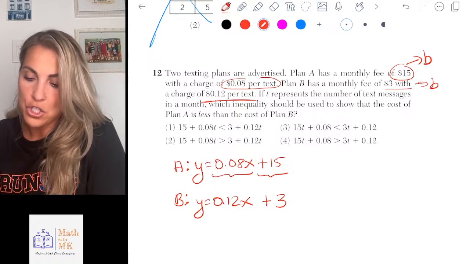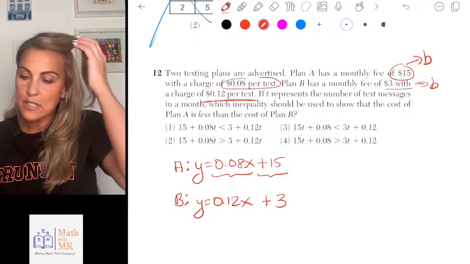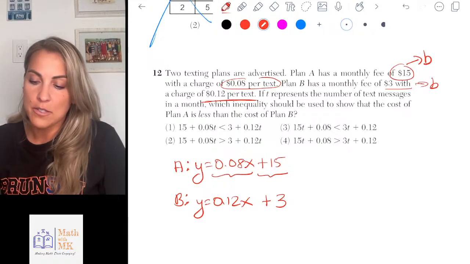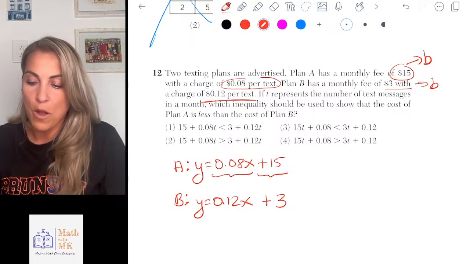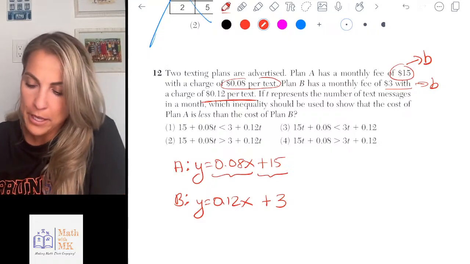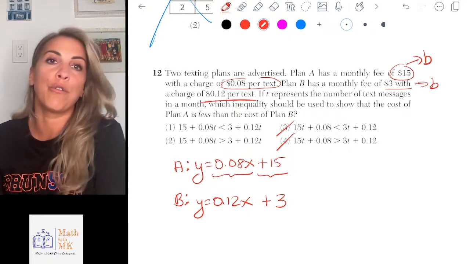Which inequality should be used to show that the cost of plan A is less than the cost of plan B? So first of all, let's make sure we have the right inequality symbol here, right? So the expression 15 plus 0.08x, they want that to be shown as less than the expression for B. So we can eliminate in a couple different ways here. I think I'm going to go ahead and eliminate answer choice 3 and 4 first.